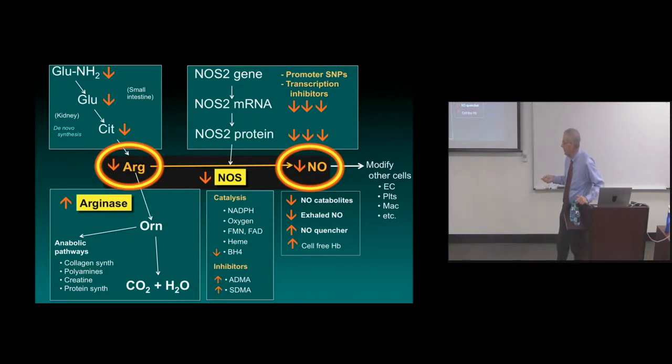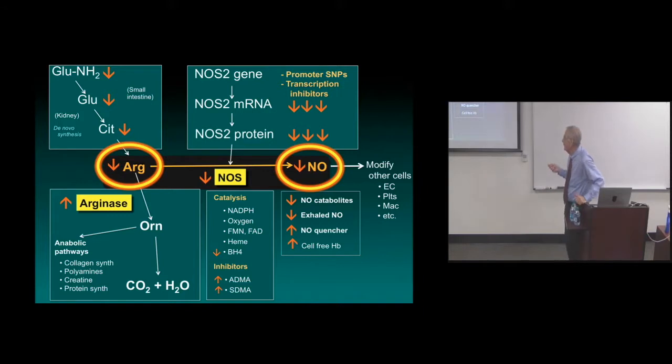And then also there's some inhibitors of the enzyme that compete for arginine for this enzyme. I won't go into detail here either, but they're modifications of arginine, like asymmetric dimethylarginine. They're very high in malaria. And it interferes with whatever enzyme activity might be there.